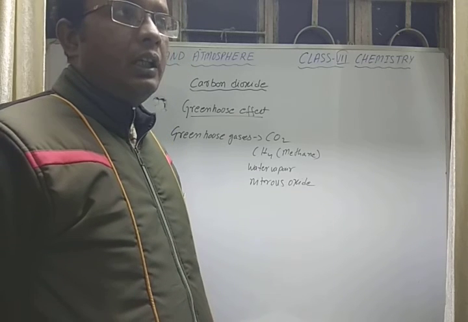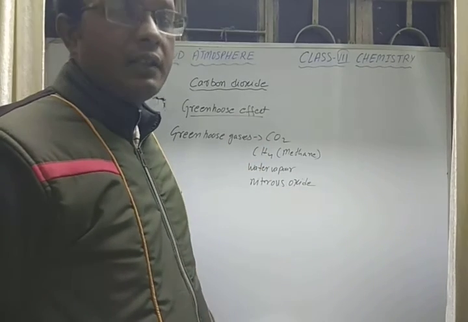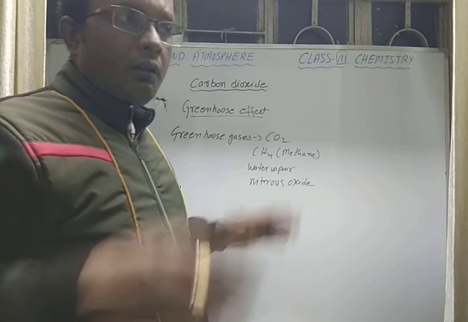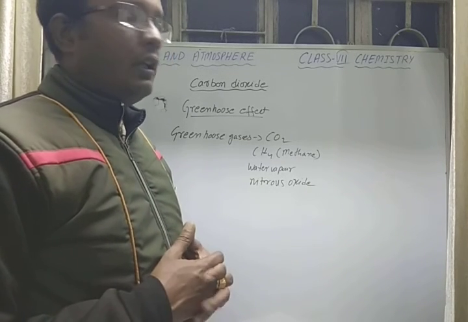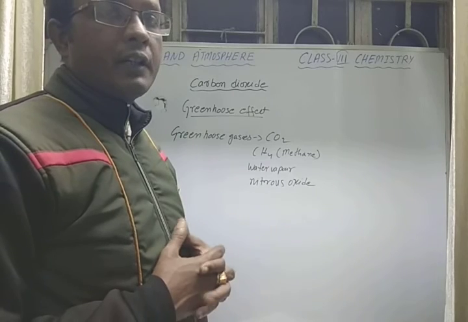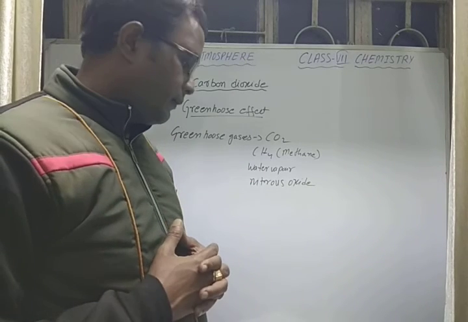But if the percentage of these gases increases in the atmosphere, a lot of heat will not escape, due to which the normal temperature of the atmosphere slowly goes on increasing.